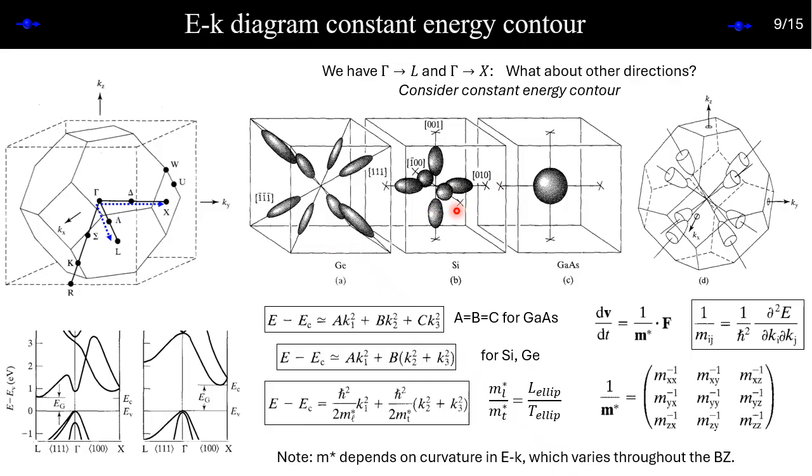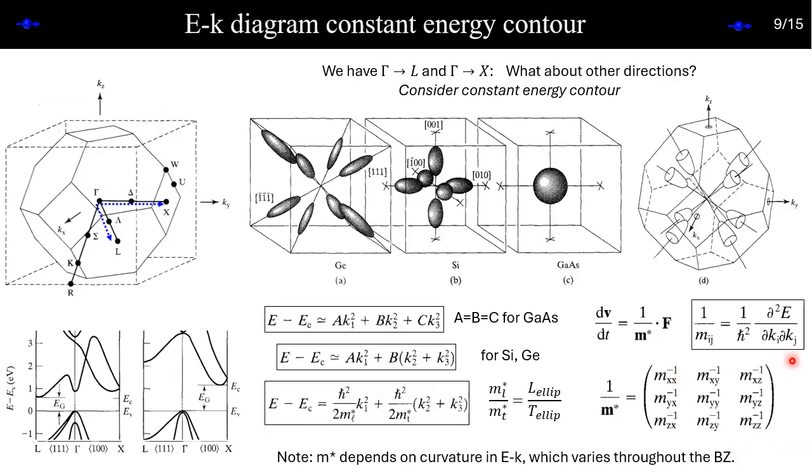Yeah, one important thing. In general, we have different directions, right? We were defining effective mass in this way. But now here it is like a tensor, because along different directions your effective mass will be different.